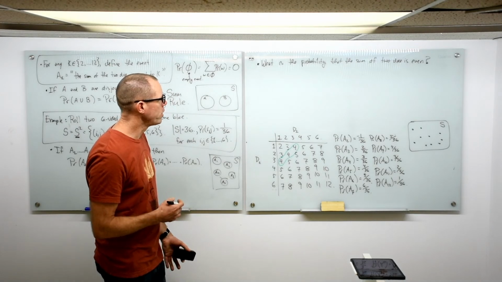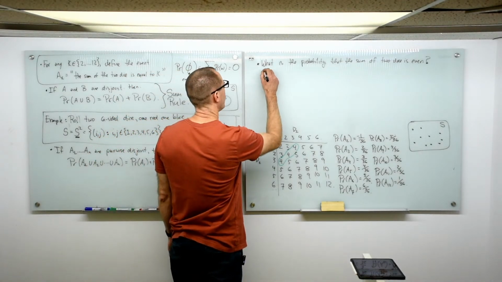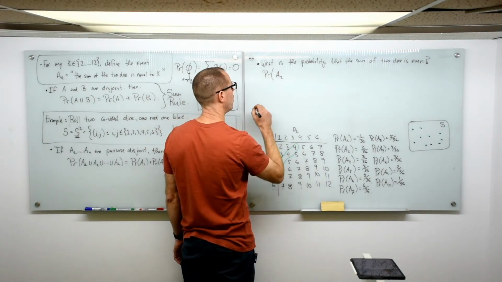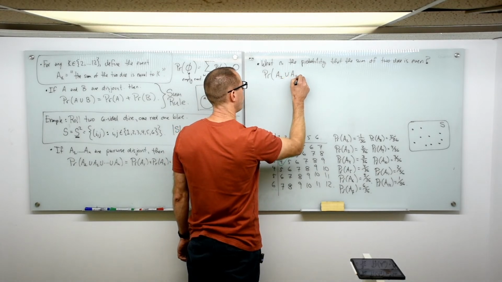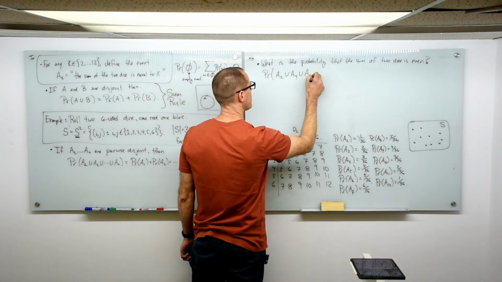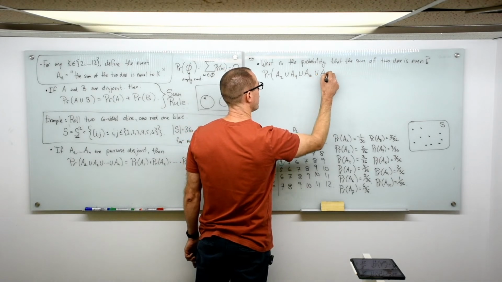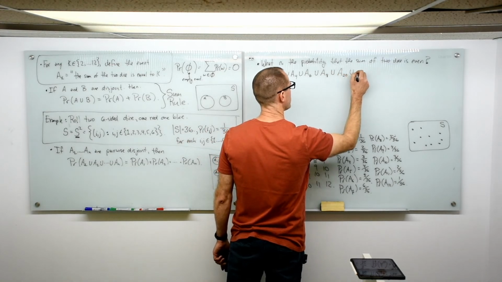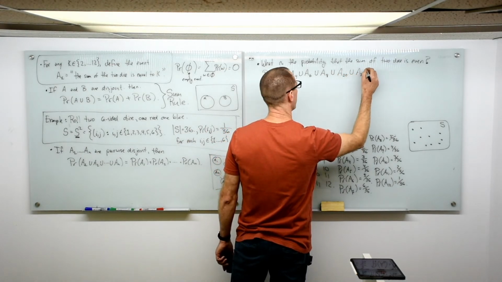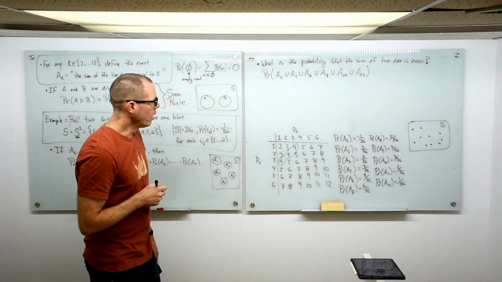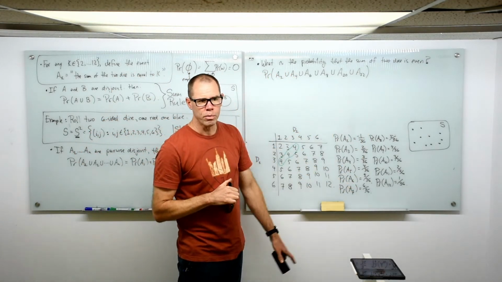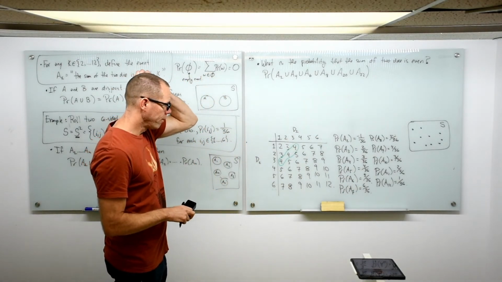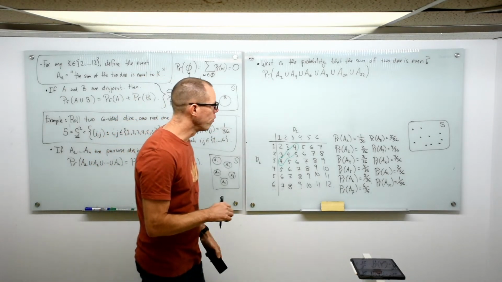When is the sum of 2 dice even? Well, it's even if it's 2, or it's 4, or it's 6, or it's 8, or it's 10, or it's 12. Those numbers, we have them all here. We've computed them already. So it's not a problem we can't solve.